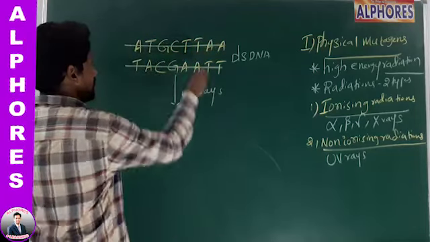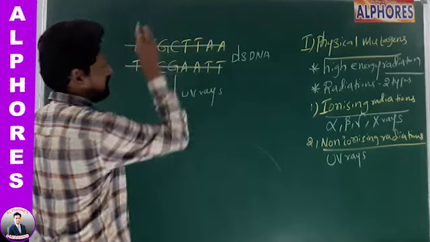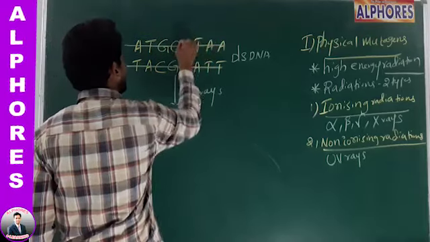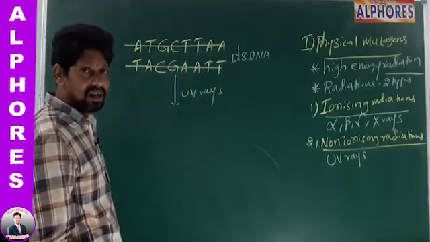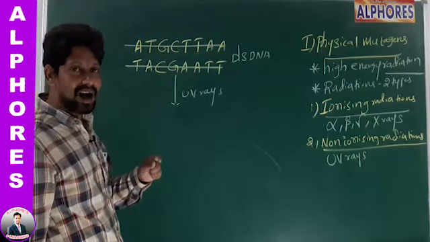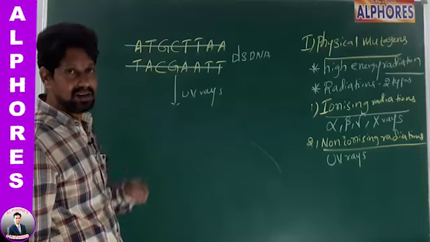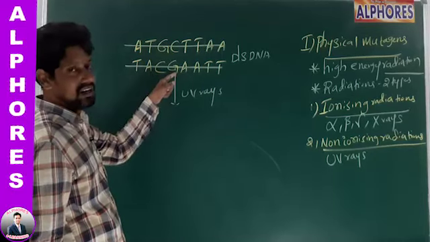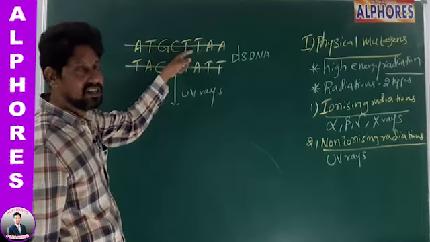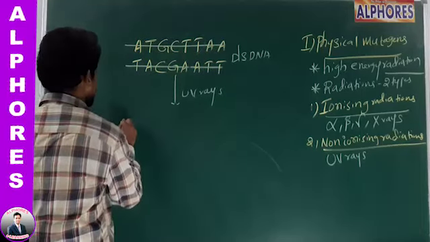Between these two thymines a bond is formed, by which a thymine dimer is formed. Due to the formation of the thymine dimer, this double-stranded DNA bends in this area.